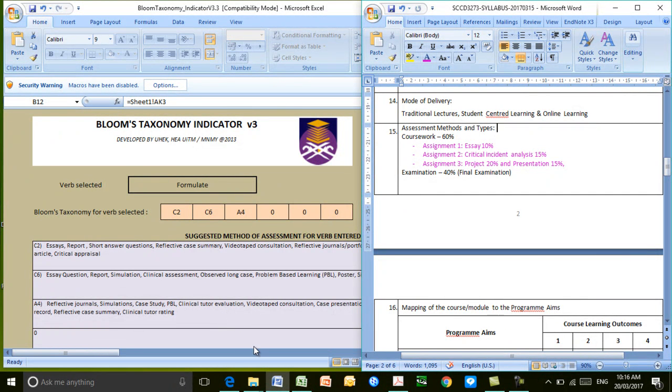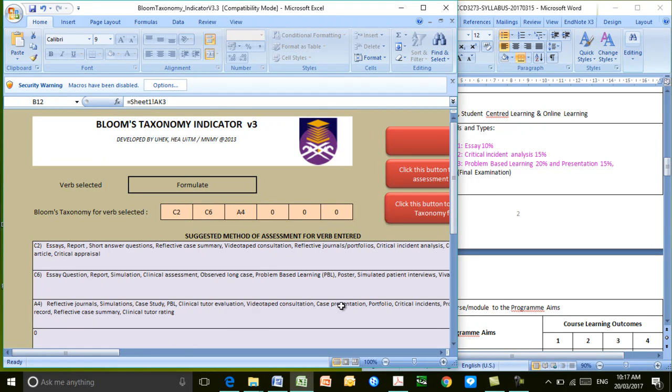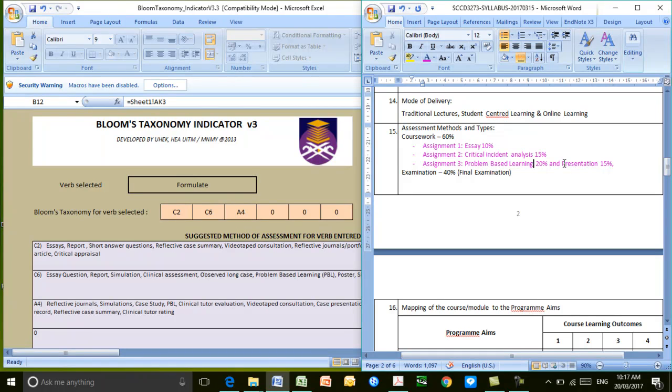So if I'm going to use the C6, what I can do is, for example, I put here problem based learning, let's say 20%, and then in order to assess the A4, maybe we can have a case presentation.